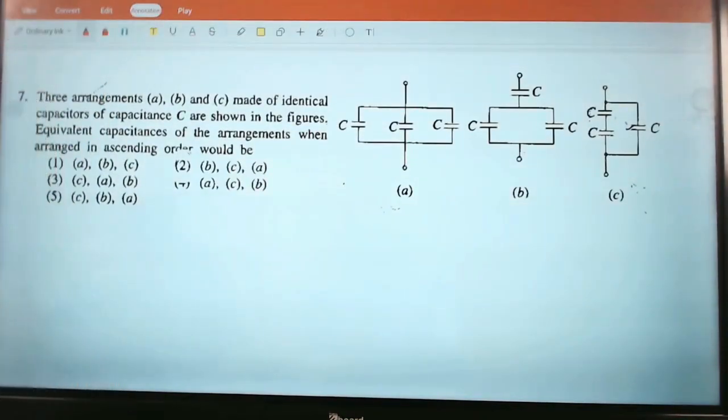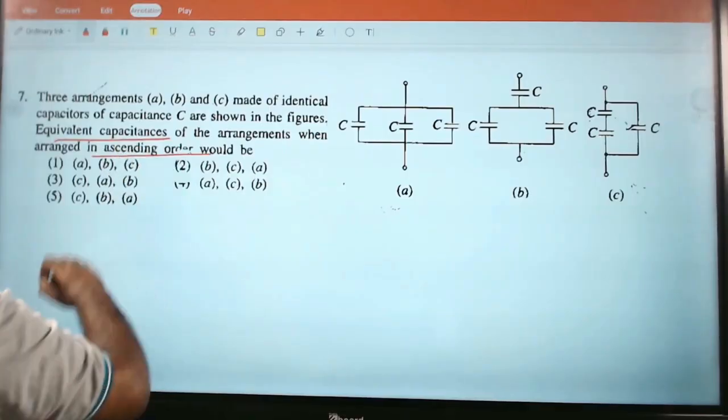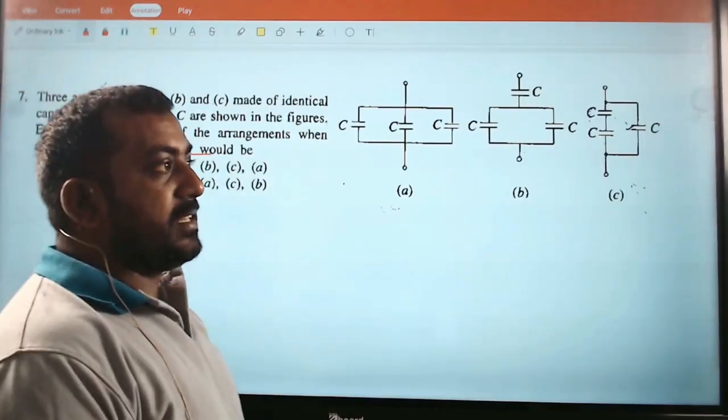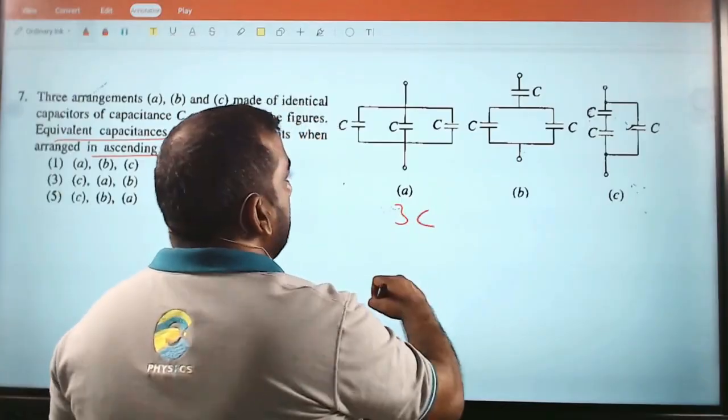MCQ 7. Three arrangements A, B, C made up of identical capacitors of capacitance C are shown in the figure. The equivalent capacitance of the arrangements in ascending order will be? What do you all know? Capacitors in parallel are like resistors in series. Parallel means 3C.